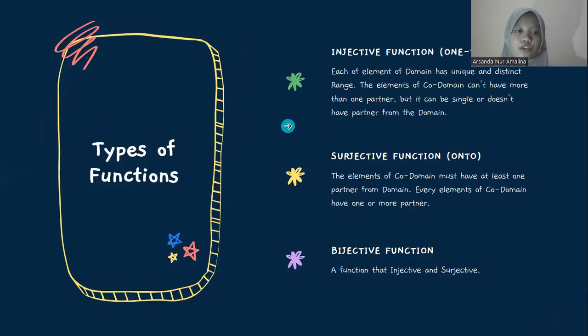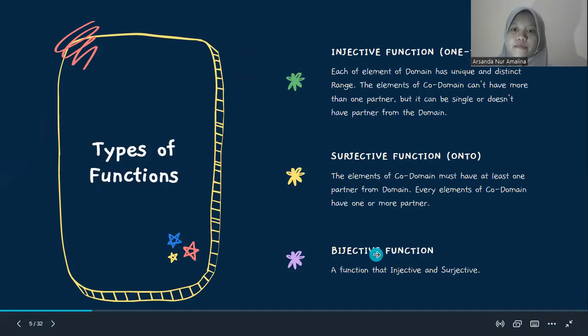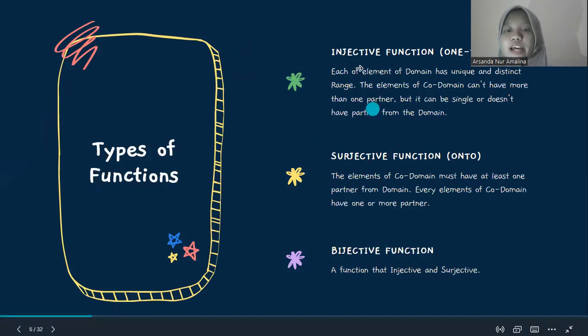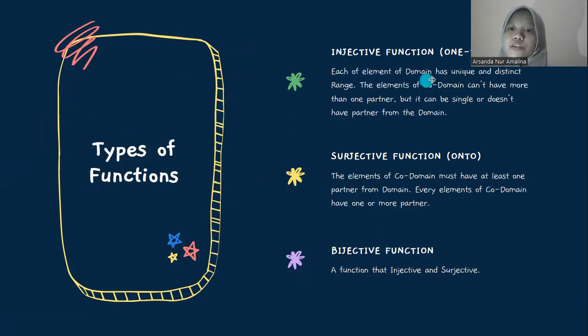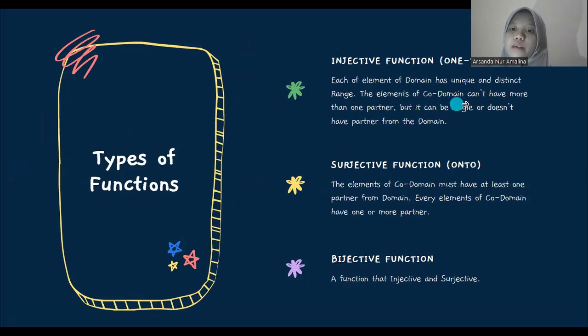Next, we are going to talk about types of function. There are injective, surjective, and bijective functions. In an injective function, each element of the domain has a unique and distinct range value. An element of the codomain cannot have more than one partner, but it can be single or have no partner from the domain.